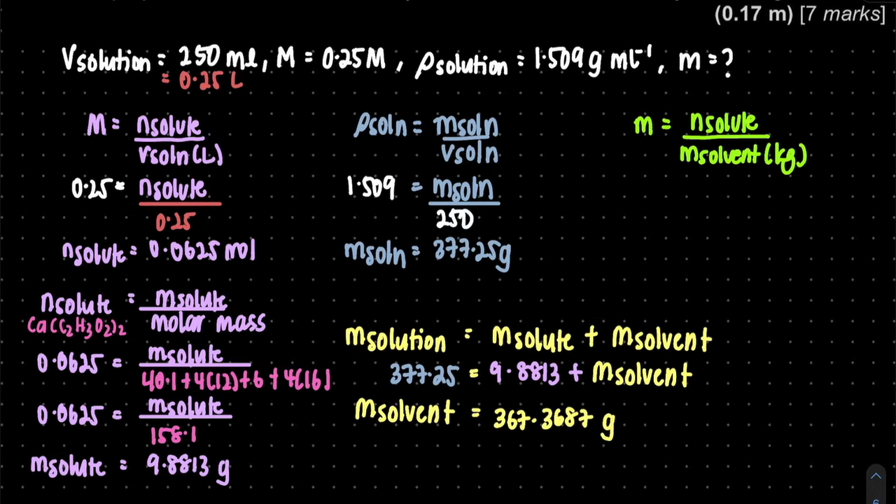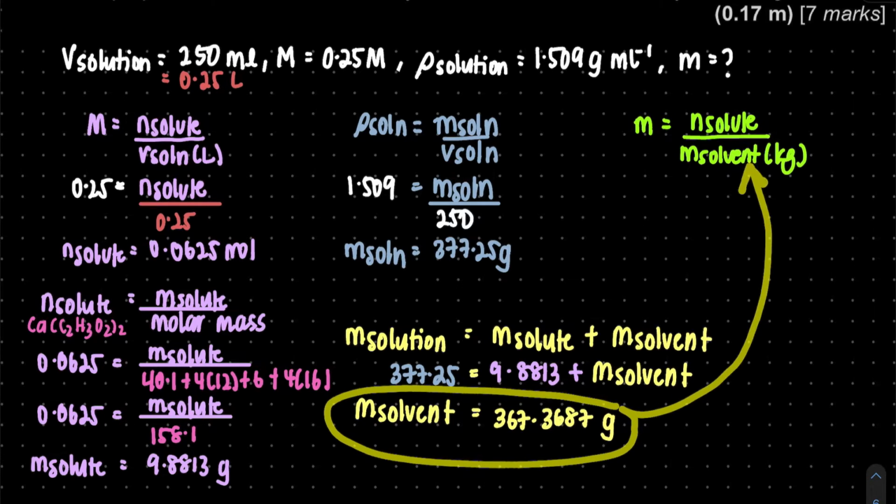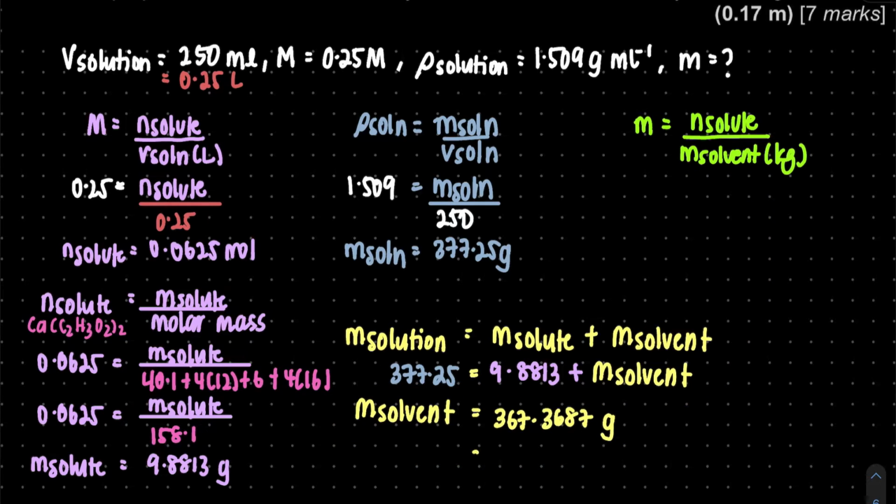Make sure the unit is in gram, because the mass of solution is in gram. Now we have found the mass of solvent, we can substitute the values. But remember, in molality, the mass of solvent must be in kilogram. So here I'm going to change it to 0.3674 kilogram.